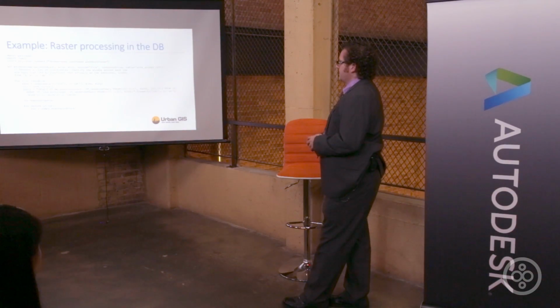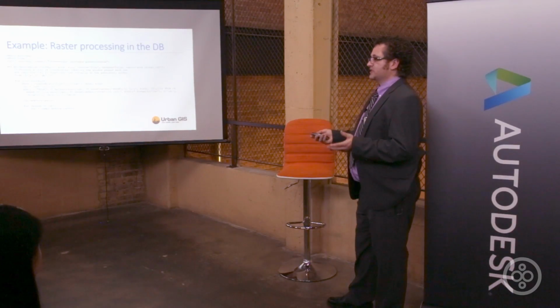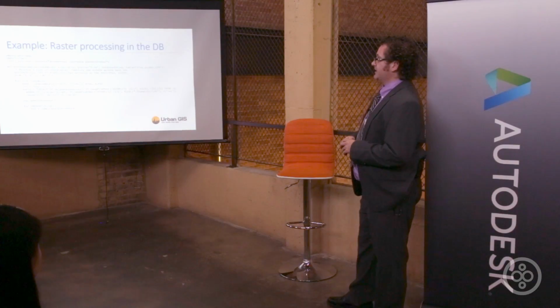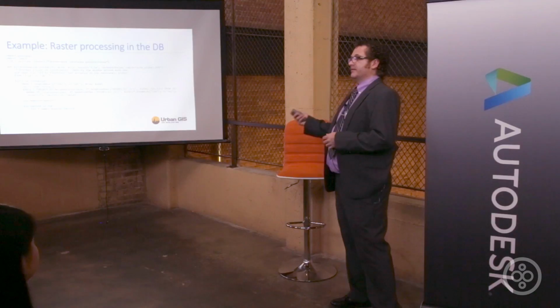I wrote a function that allows me to pass in an x, y value, converts that to a point, and then returns a variable window where that point intersects with the raster data. It was a significant performance increase, but more than that, it was just a lot simpler to interact with the data.